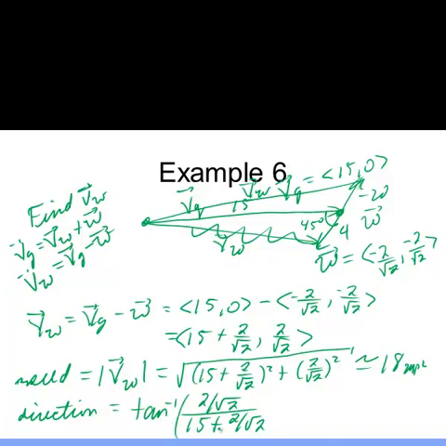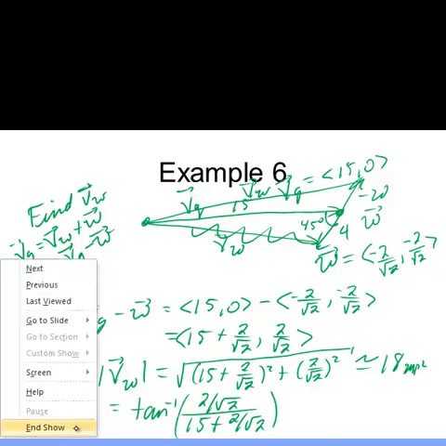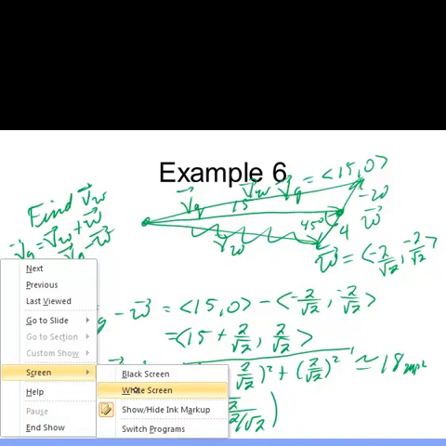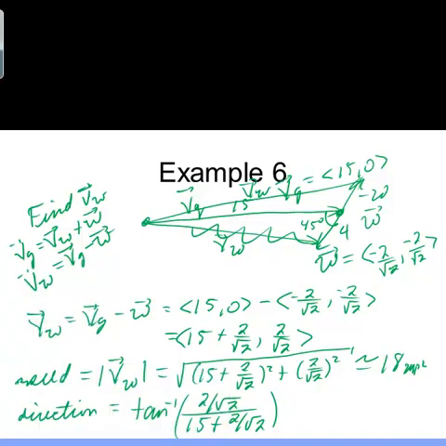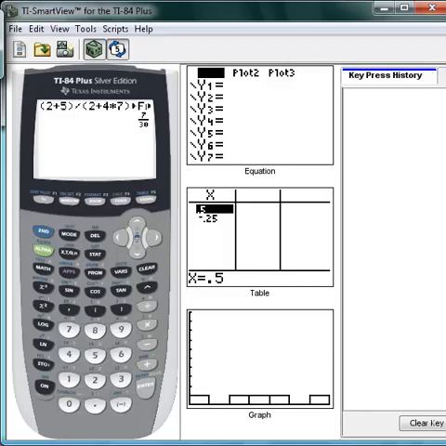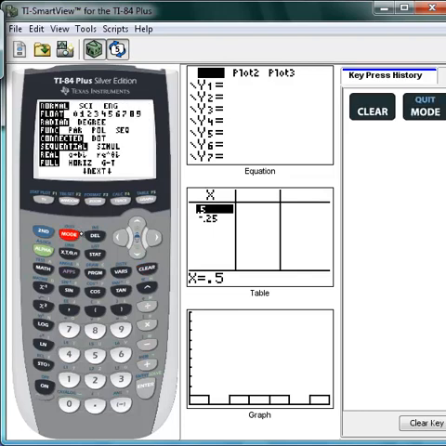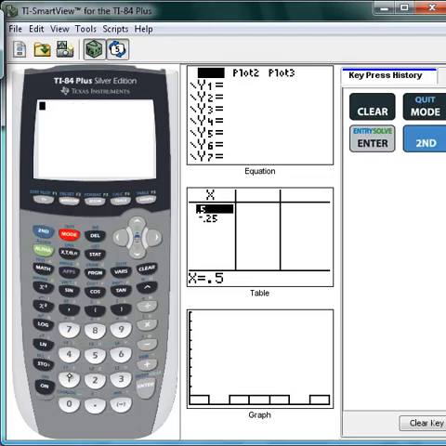Well, then let's go ahead and do that. I've got my graphing calculator here. Now, let's make sure that we are in degree mode. So I'm going to put my calculator in degree mode from the mode menu. And then I'm going to find the arctangent button. There we go.